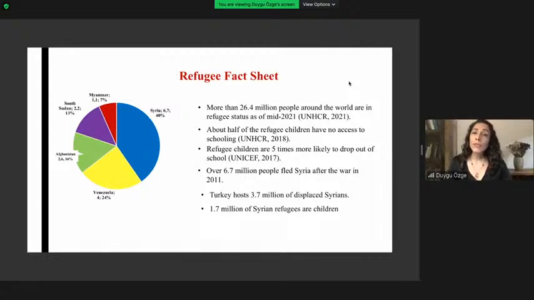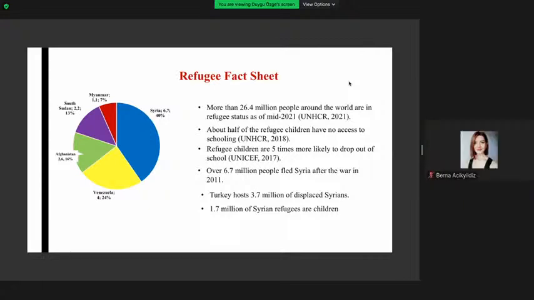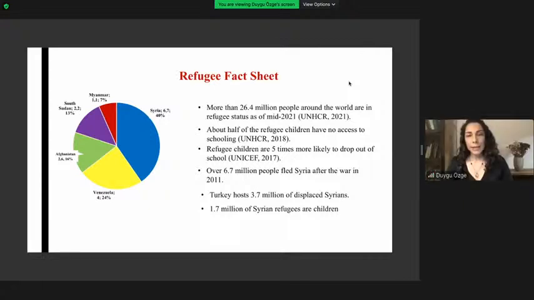About half of the refugee population is children, and about half of the refugee children have absolutely no access to schooling. This is an important fact that we need to pay attention to. Even if they start schooling, they tend to drop out, and they are 5 times more likely to drop out of school compared to non-refugee, monolingual, or other children populations.